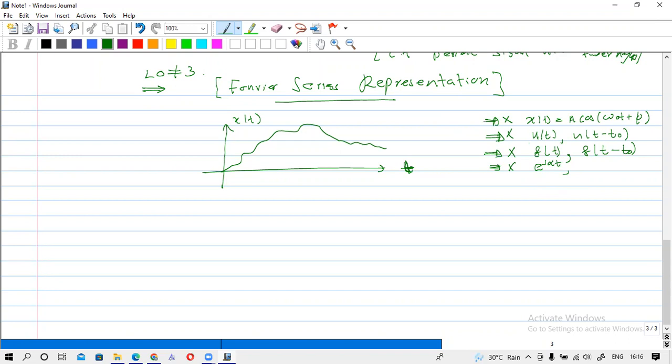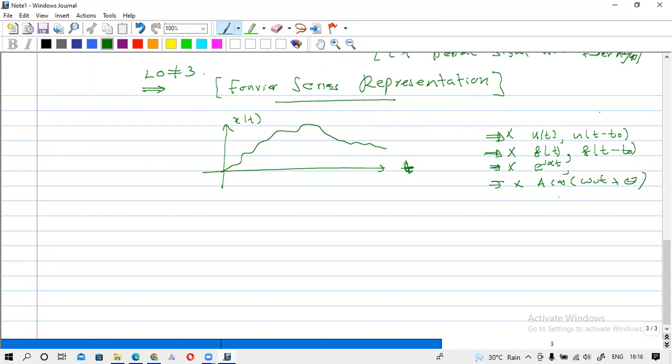If you can remember that, let me take this sinusoidal signal here. This is our sinusoidal signal, a cos omega naught t plus theta.